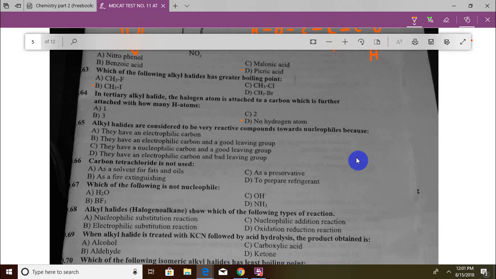And you should know that anything that has a partial positive charge or a full positive charge has the ability to act as an electrophile because it is electron deficient, and so it's pretty much into grabbing electrons. So yes, a reason can be that they have an electrophilic carbon, and the one carbon that is considered electrophilic is the one to which the halogen is attached. And I believe that is the carbon we would refer to as the alpha carbon.